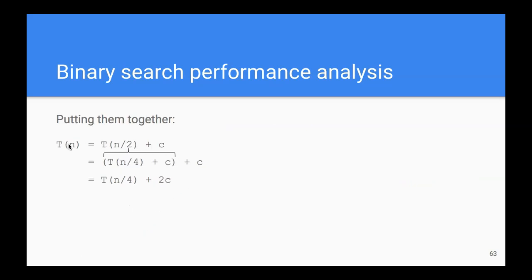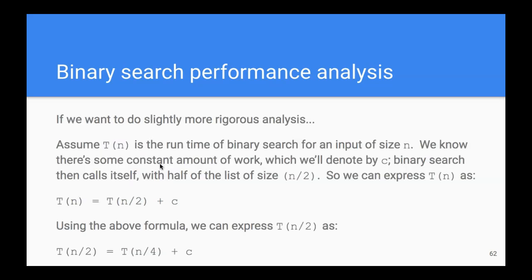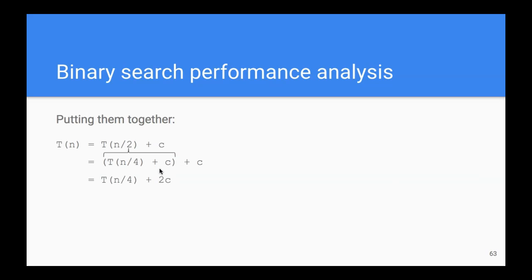We start with, again, T of n is T of n over 2 plus c, right? T of n over 2 is T of n over 4 plus another c, as we just saw here. So that we come to this line, and then we can take out the parentheses and we add the 2 c's together. So we have 2c here.